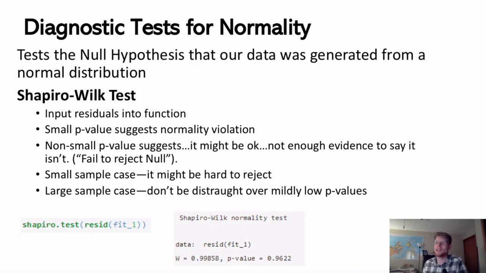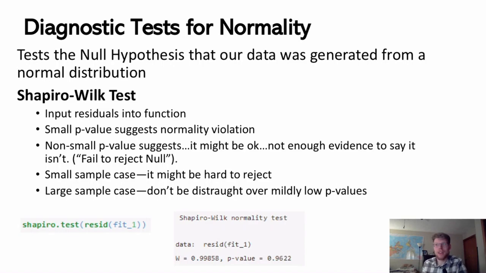If I don't have a lot of data, it's harder to reject. So keep in mind that you may not get a super low p-value if your sample size is pretty small. And that's where the residual plot or the QQ plot really helps, because it can help us see, yeah, this really looks like we have some departure from normality. Our p-value is about 5 to 10% or something, so maybe the normality assumption seems pretty suspect.